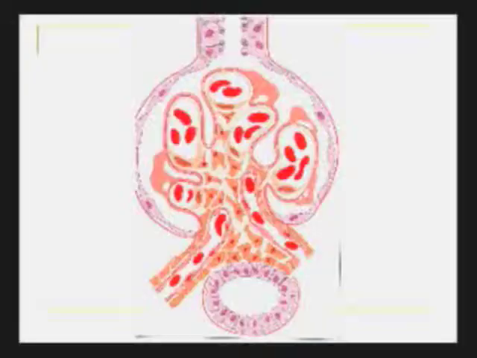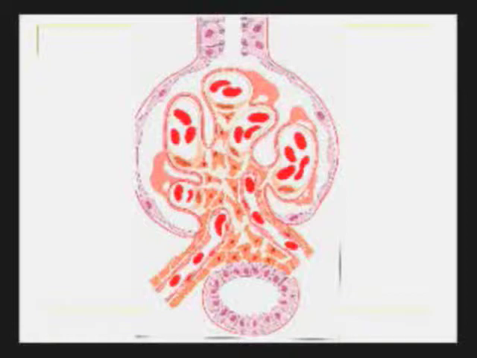So the tubules do a lot of fine-tuning, and that fine-tuning is very important. But when we're talking about nephrotic syndrome, the problem is here in the filters, and particularly in this filtering surface. So that's what you're going to be hearing a lot about today.